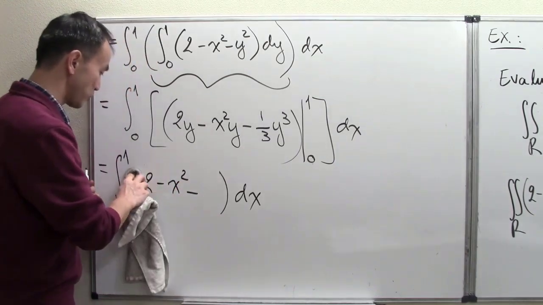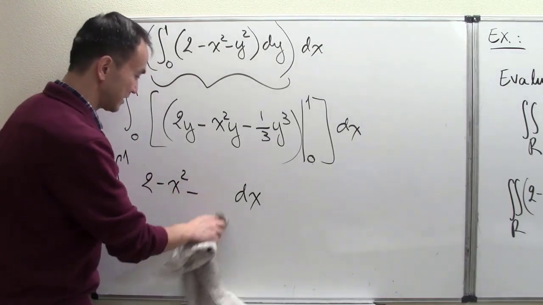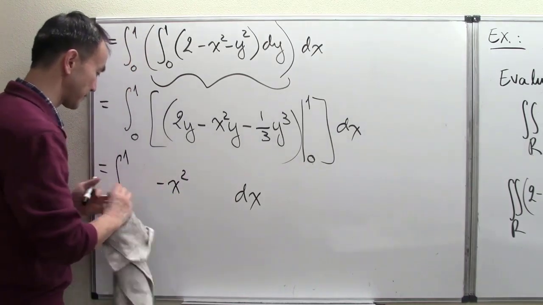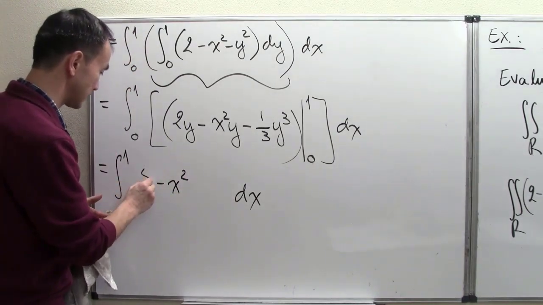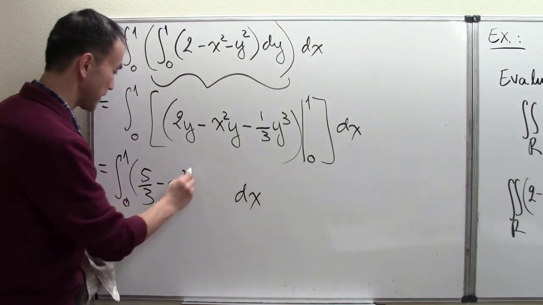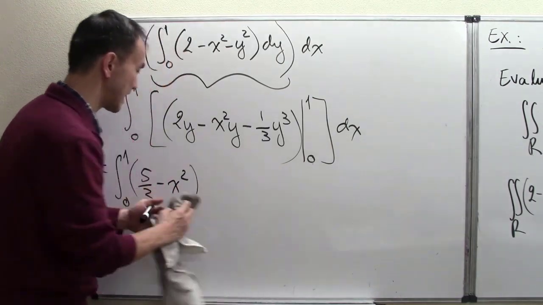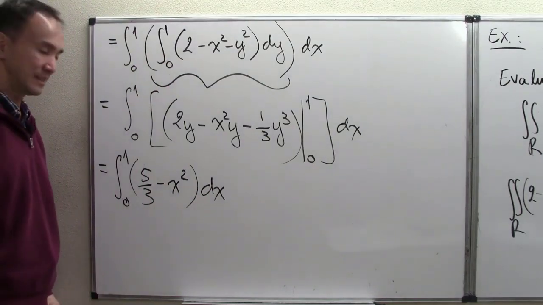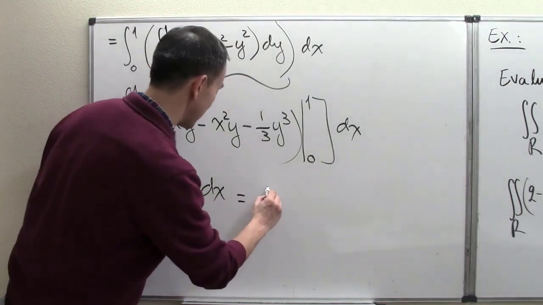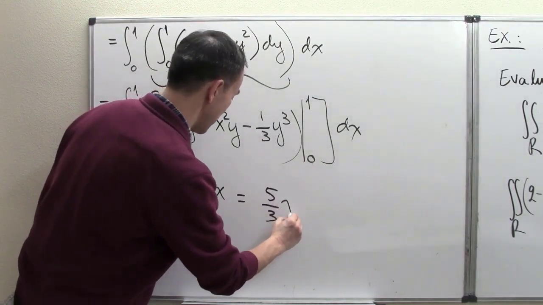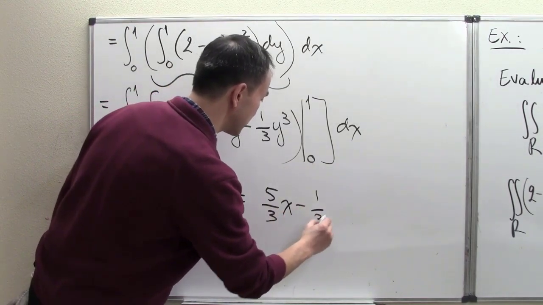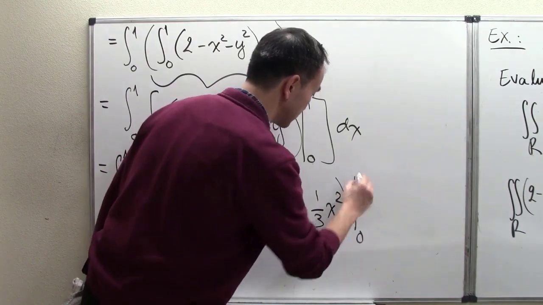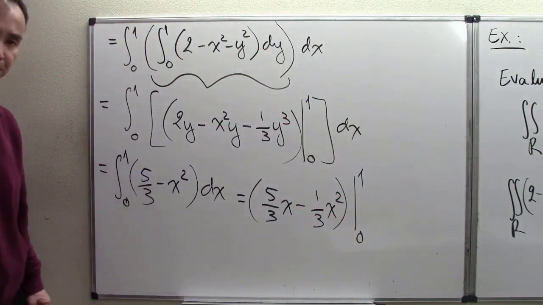I'm short of board space, so I'm doing this informal work right there, but 2 minus 1/3 is 5/3. So it's 5/3 minus x squared, and we're integrating that with respect to x. And so that now becomes 5/3 x minus 1/3 x cubed. All right, and then we're evaluating this from 0 to 1.